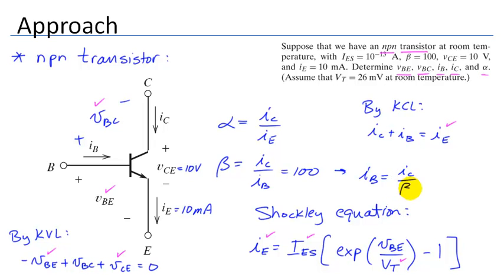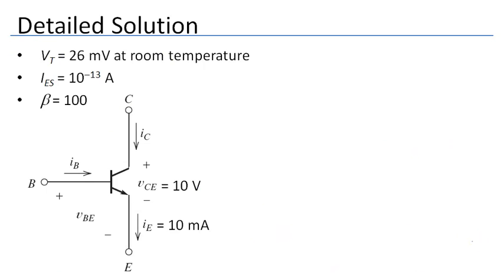We could then say that the base current is the collector current divided by beta. With a substitution right there, we now have a single equation in a single unknown, and we could solve that for the collector current IC. Alpha is known once we know the collector current. Alright, let's proceed to the detailed solution.